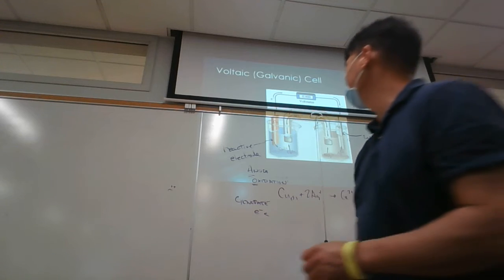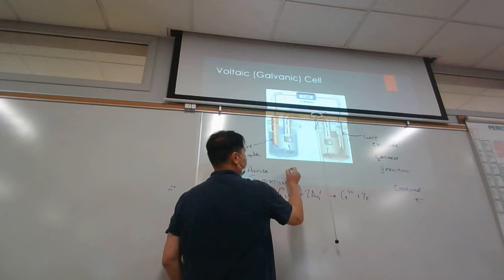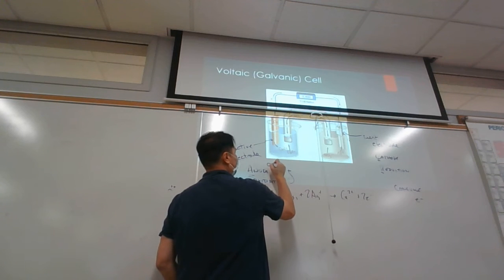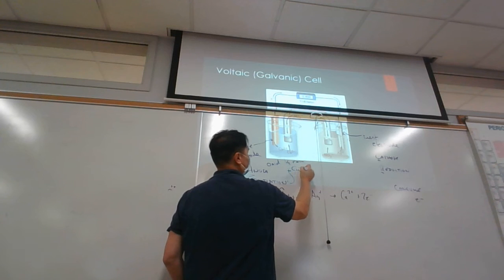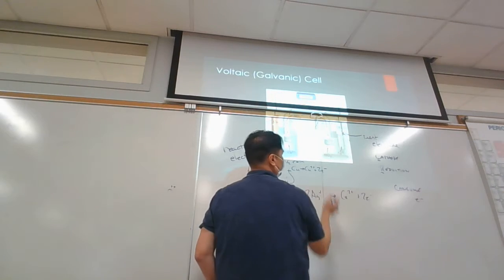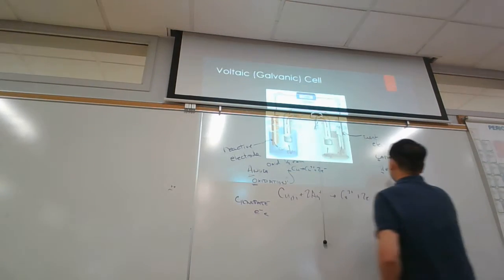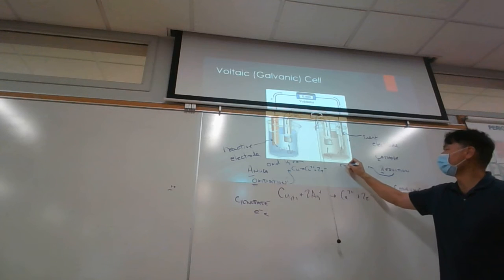Each cell will have a half reaction. And so the half reaction that occurs here is the oxidation half reaction. The oxidation half reaction is copper goes to copper 2 plus 2 electrons. And then likewise, in this beaker over here, we're going to have the reduction half reaction.